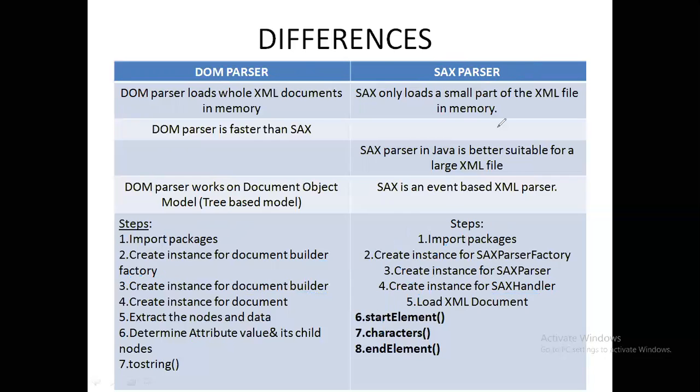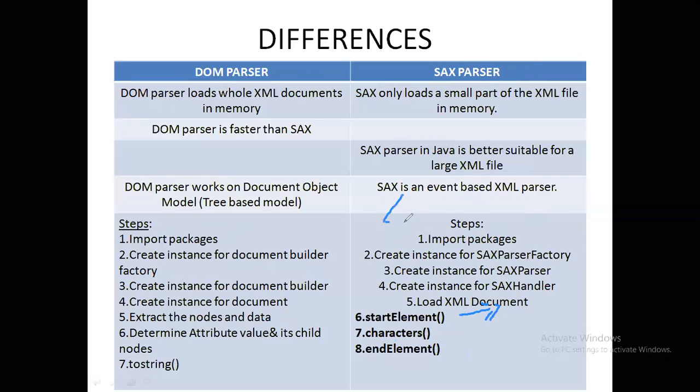As I said earlier, it is based on the event. That's why here we are going to use three types of event functions. The first one is start element. The second one is characters. Third one is end element. The start element is used to encounter the starting tag of an element.